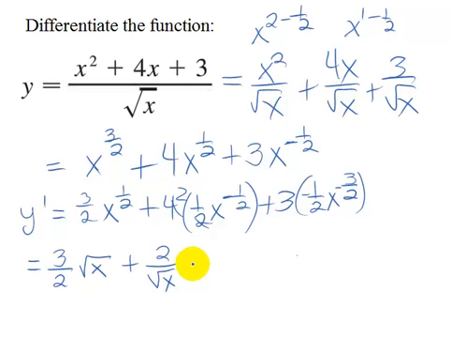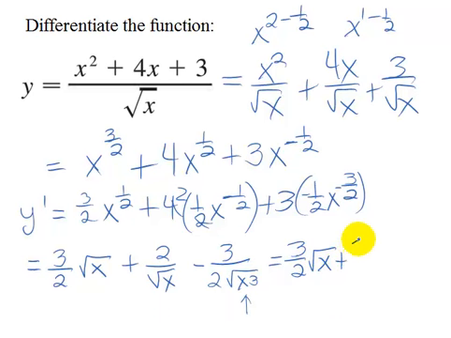And then we have minus 3 over 2 square root of x to the third. Last thing to do, this will actually simplify because I can bring an x out in front. So I would have 3 halves square root of x plus 2 over square root of x minus 3 over 2, x out in front, square root of x left under.